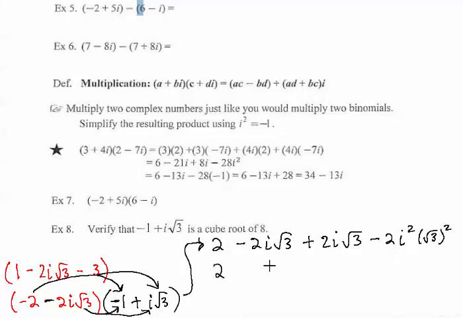Bring down the 2. We have matching terms in the middle with opposite signs, so they cancel. i squared is a negative 1, and square root of 3 squared is a 3.